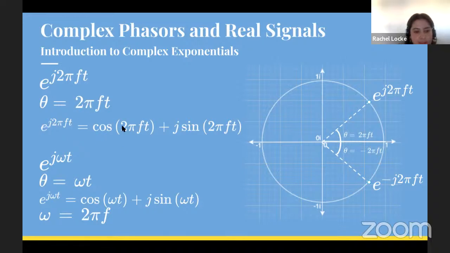And I've put it here in terms of Euler's formula to see how similar this is to how we represented our cosines and sines when we first looked at them. I've also put at the bottom of the page that you could swap out the 2 pi f, which is our frequency, with this omega, which is our angular frequency, which we also saw in the first DSP corner. So that's just to show that you've got this relationship between 2 pi f and omega, and you could swap them out and they would mean the same thing.